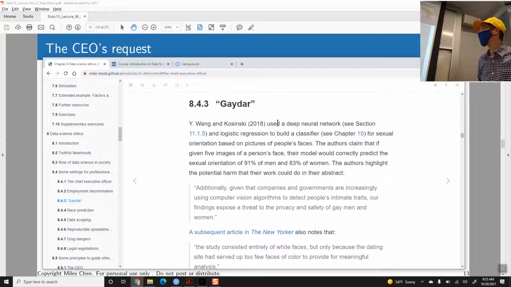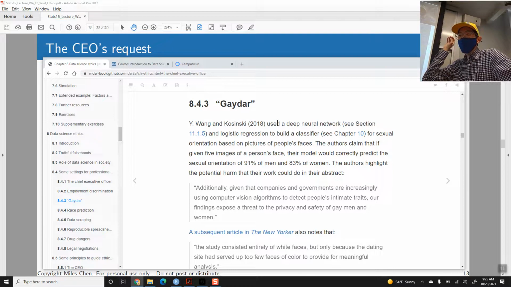They used a neural network and a logistic regression to build a classifier. The input is a photograph of a person's face, and the output is a prediction for sexual orientation.